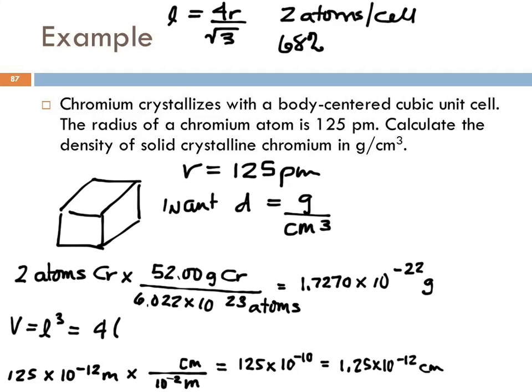So we've got 4 times the radius, 1.25 times 10 to the minus 12 centimeters, divided by the square root of 3, and then we're going to cube the whole thing.